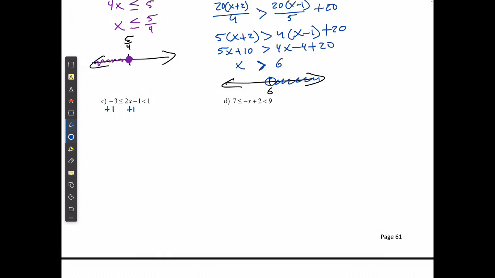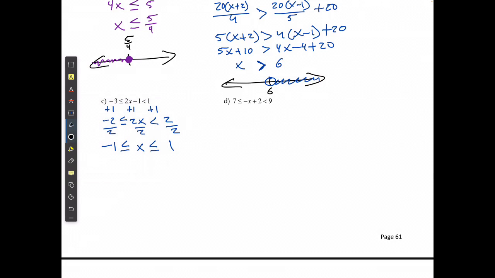But I have to add it to the inequality part on the left and on the right, because it's split into 3 sections in between the inequality symbols. So now I'm going to get negative 2 is greater than or equal to 2x, which is greater than 2. When I divide by 2, I've got to divide all 3 parts by 2. And negative 1 is less than or equal to x, which is less than or equal to 1.